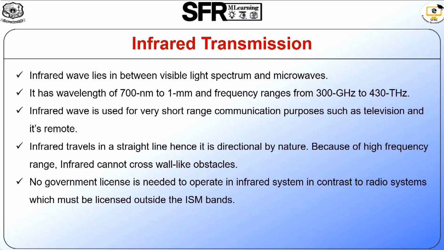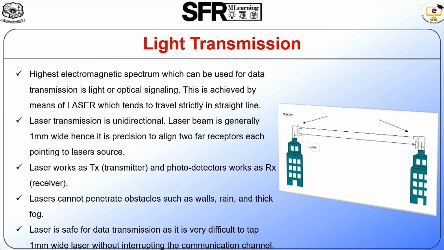Infrared travels in a straight line, so it is directional by nature. Because of its high frequency range, infrared cannot cross wall-like obstacles. So, no government license is needed to operate infrared systems, in contrast to radio systems, which must be licensed for ISM bands.